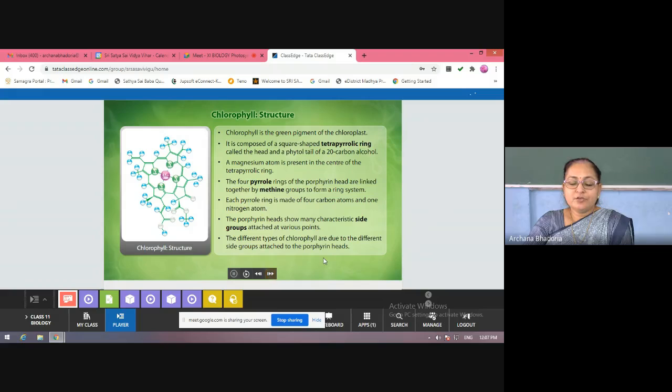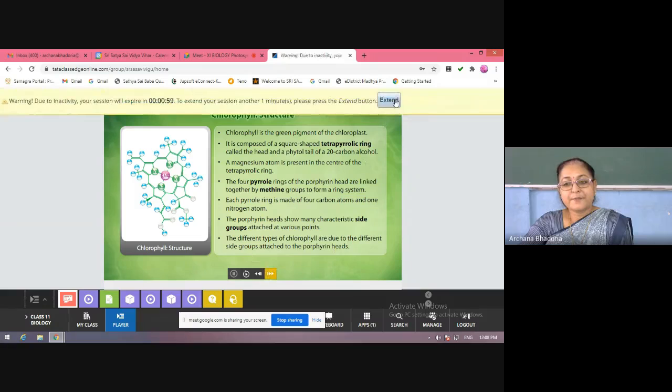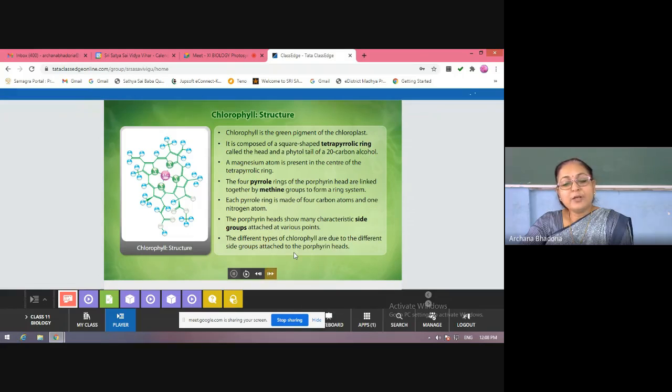So you find that chlorophyll A, chlorophyll B, I told you last year. The types will be due to the different side groups attached to the porphyrin head. So you can write this last sentence that different types of chlorophyll are due to the different side groups attached to the porphyrin heads.